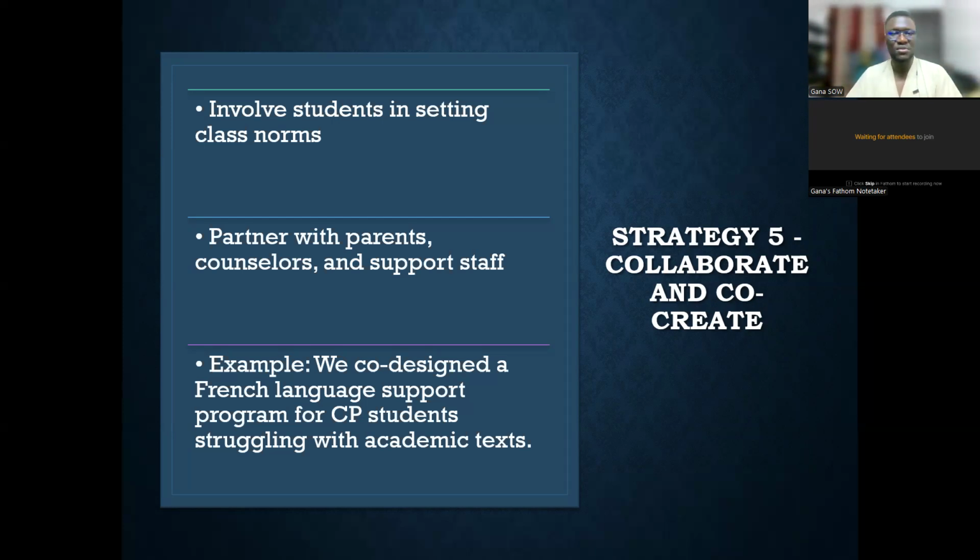And after a few sessions with the counselor, we have a general meeting that allows us to better understand or develop together different strategies that could work for that particular student. It is also absolutely important to partner with the parents, the counselors, the support staff, and everybody who could be involved in the teaching, because that learning space environment is the whole community.